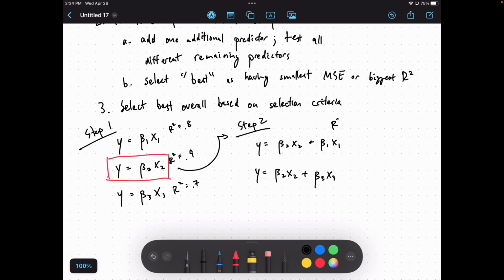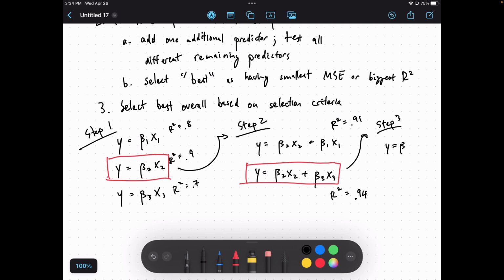And let's say the r squared here is equal to 0.91, and the r squared here is equal to 0.94. Then I will pick this one because it has the best r squared. And then we'll go on to step 3.